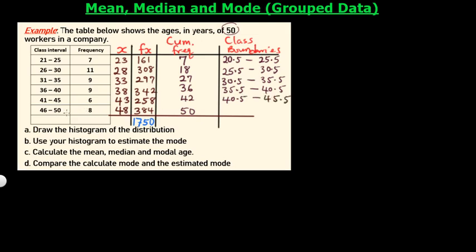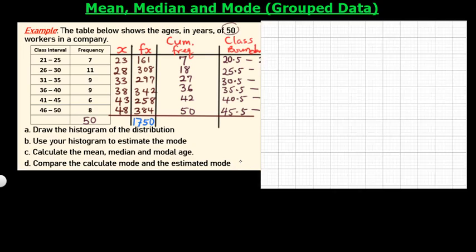And lastly, that's 45.5 to 50.5. Now the class boundary is structured out. So the total frequency here is 50, which also can be checked using the cumulative frequency. Now that this is known, we can then move to plotting our graph.